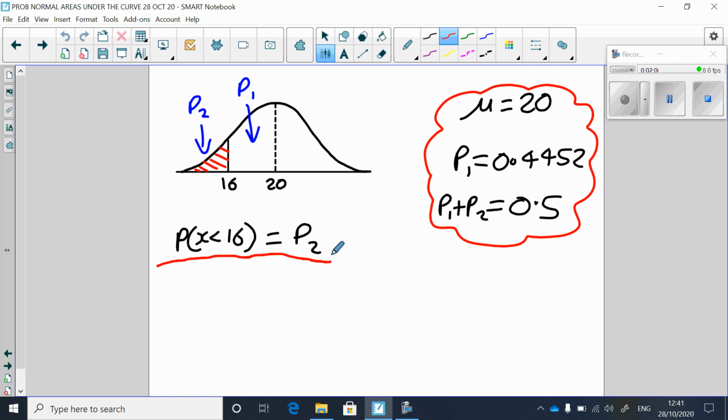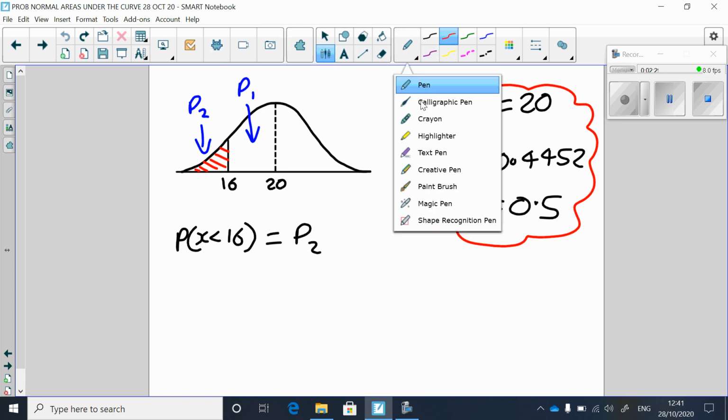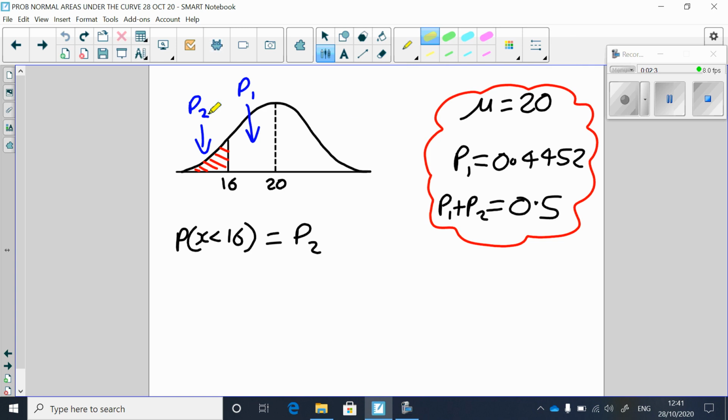Can you see less than 16 there? 16 is to the left of the mean, so that's why we know it's in that region. I'm referring to that as P2.